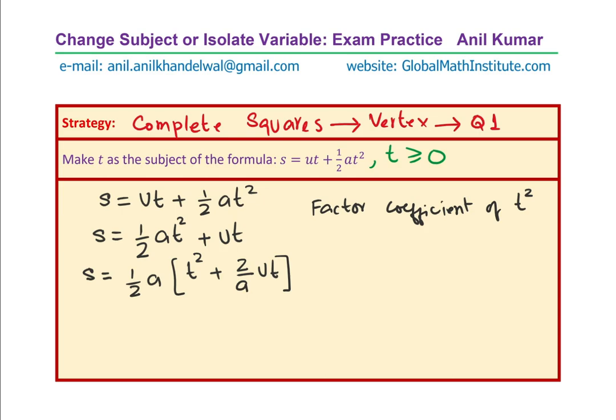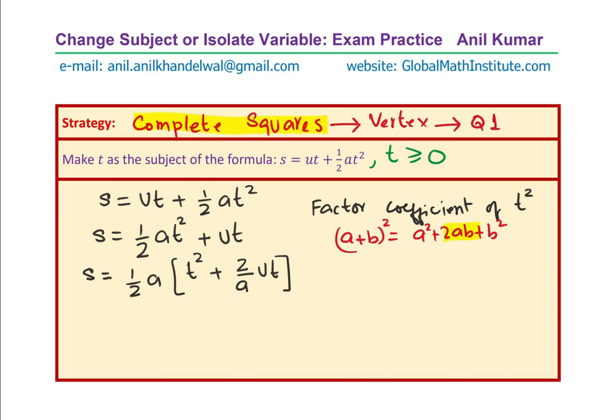Now the next step is we need to complete the squares. So I hope you remember the formula. What is (a plus b) whole square? a square plus 2ab plus b square is the expansion of this formula. So you notice that the central term is twice the product of a and b.